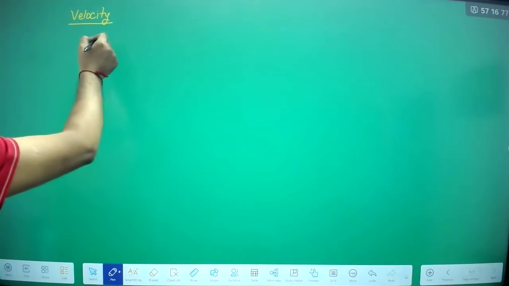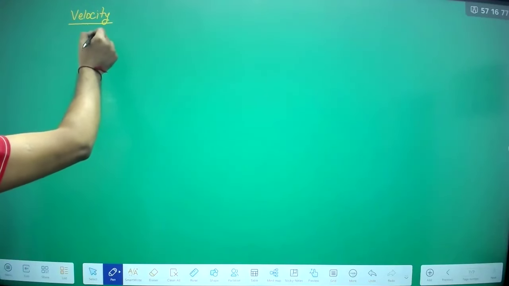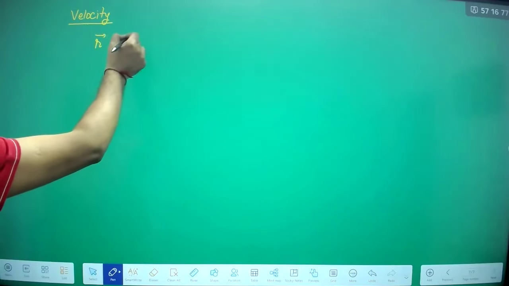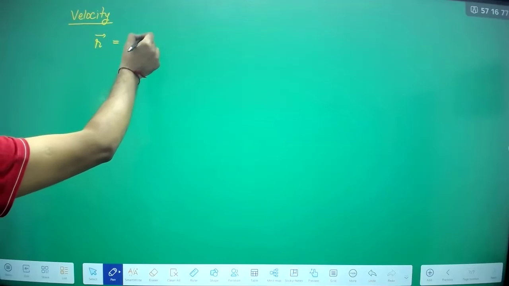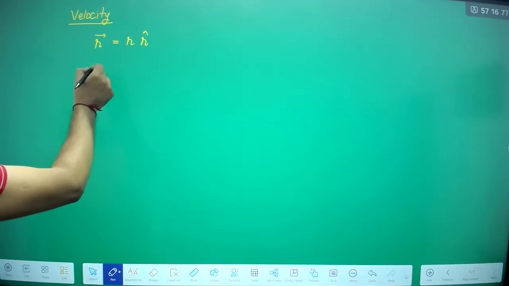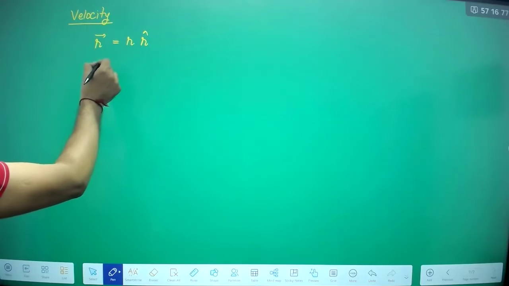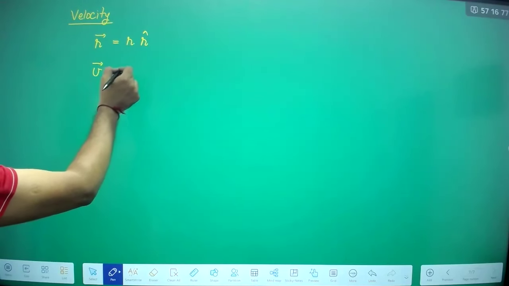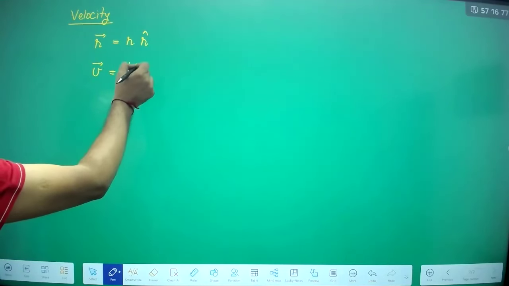Next is velocity. So r vector is how you are writing r vector in polar coordinates. This will be r magnitude and this will be r cap. Now you know velocity, instantaneous velocity, this will be d r vector by dt.